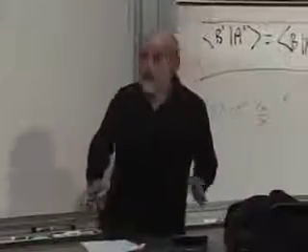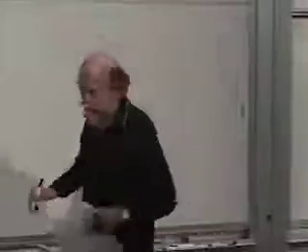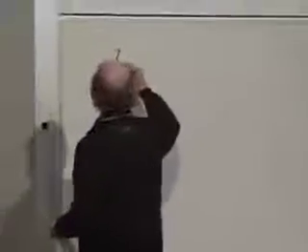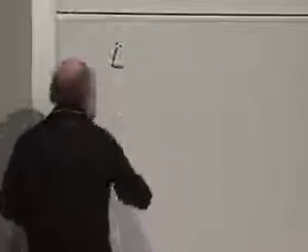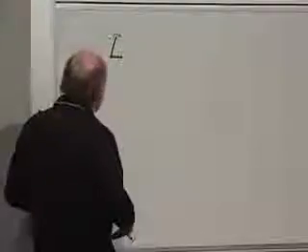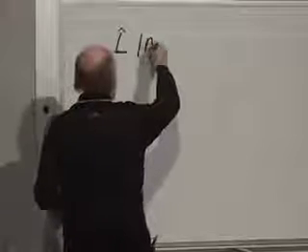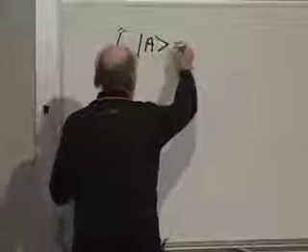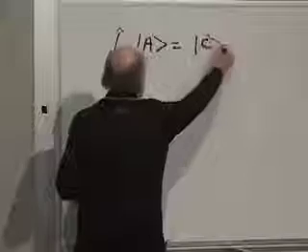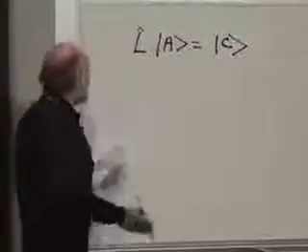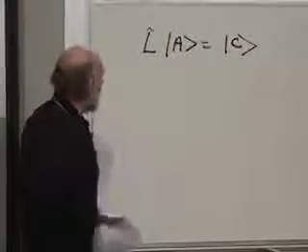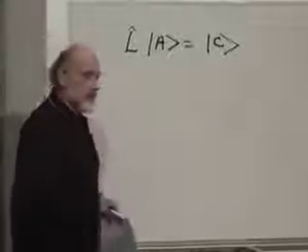Thus far, we have really defined linear operators. Let's call it L, a linear operator. Put a little hat on it to indicate that it's a linear operator. It's defined through its action on ket vectors. So given an A, the linear operator acts on it to give another vector, which I've called C.